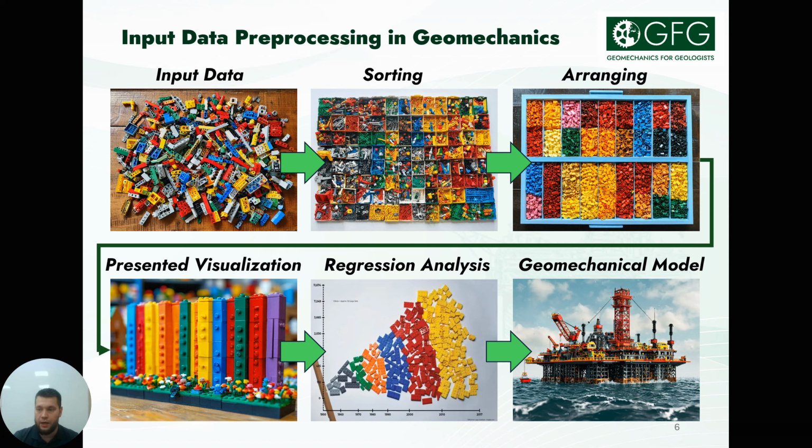As a rule, source materials are a chaotic set of disparate materials that need to be systematized and collected in a form that will be convenient for geomechanical specialists. As shown in these pictures, the data must first be sorted, then distributed according to some characteristics.